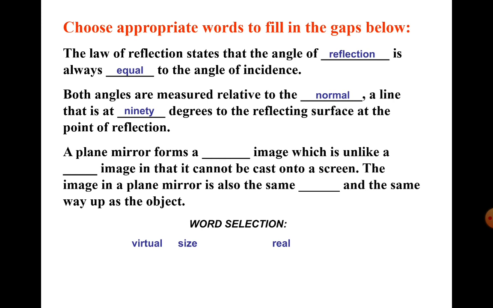A plane mirror forms a virtual image which, unlike a real image, cannot be cast on a screen. The image in a plane mirror is also the same size and the same way up as the object.